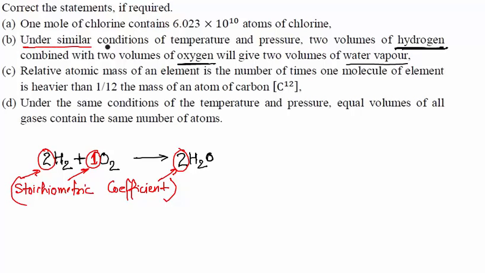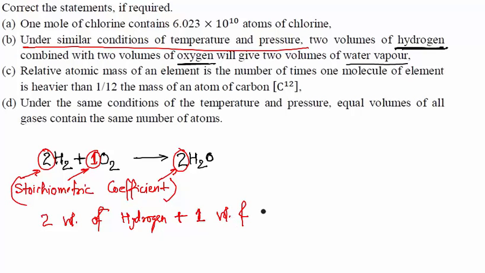Now look at this. Under similar conditions of temperature and pressure, these stoichiometric numbers give you information: 2 volumes, whatever the unit of volume, of hydrogen are reacting with 1 volume of oxygen and giving you 2 volumes of water vapor.